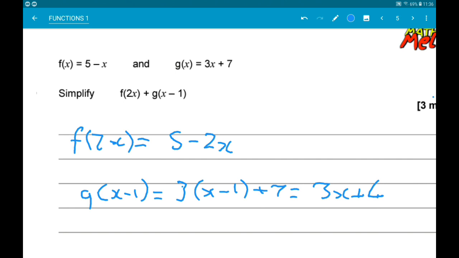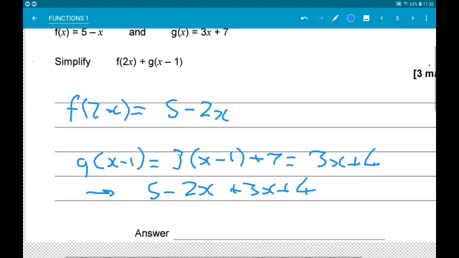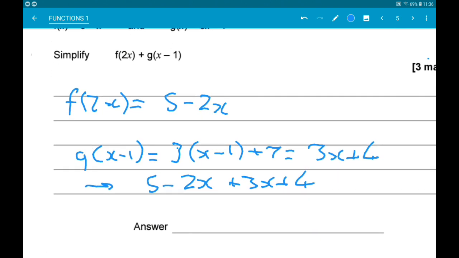So now, altogether, we have 5 minus 2x add 3x add 4. So finally, minus 2x add 3x is just x, and 5 add 4 is 9.